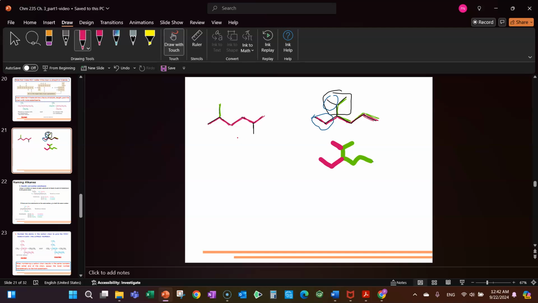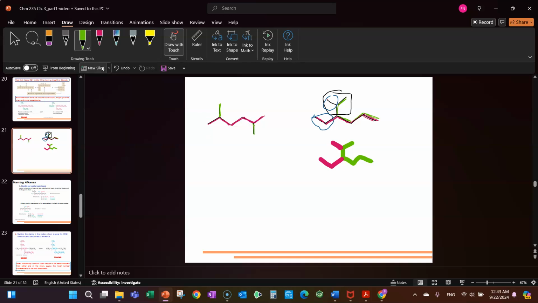Here we decided that in this first chain, the red color is my parent chain. So how will I number it? You have to start from that end which will give you the lowest number. Now, in this case, you could have numbered from your left side or the right side, and both would have given you the lowest number to the substituent, which is this methyl group.